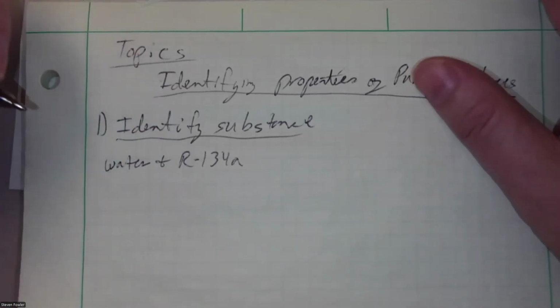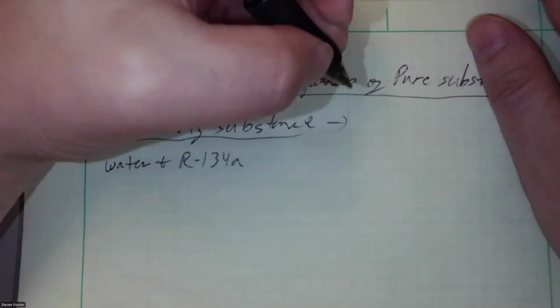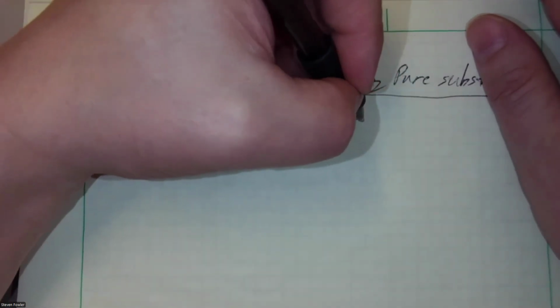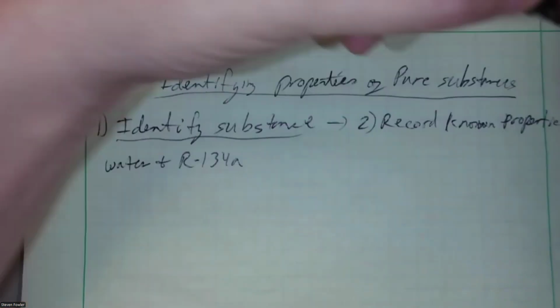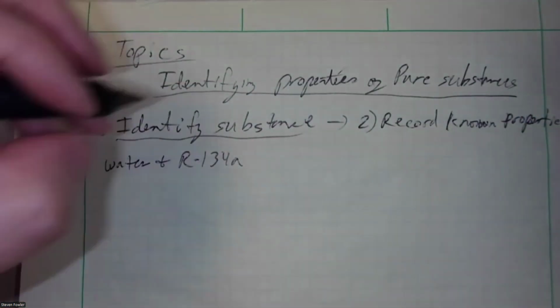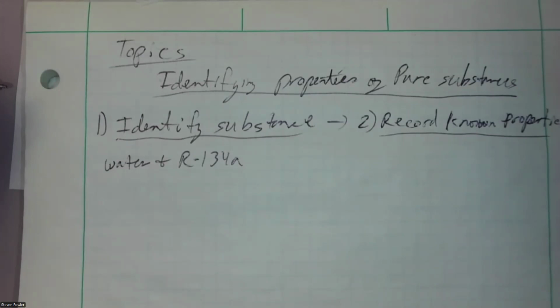For all of them, from step one, step two is then record known properties. That doesn't change no matter what flavor you're in. Step one is identify your substance. Step two is record known properties.